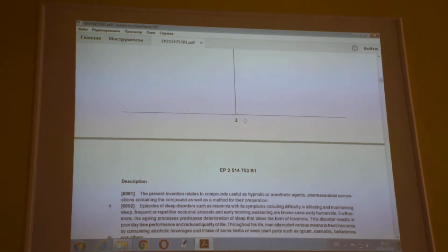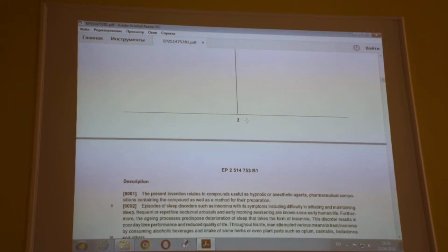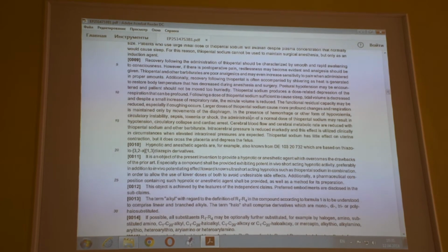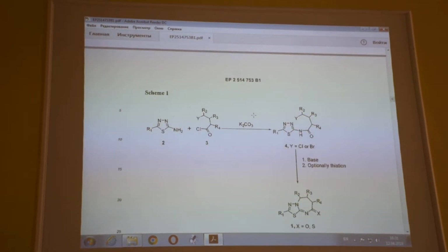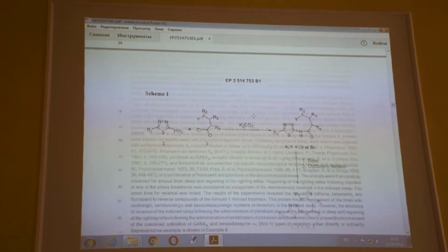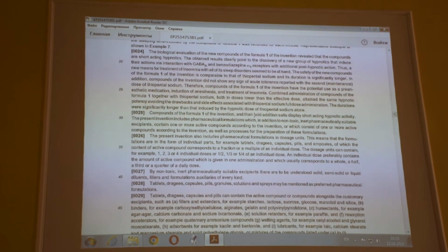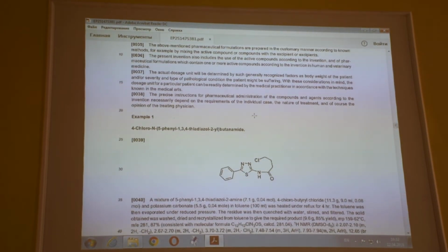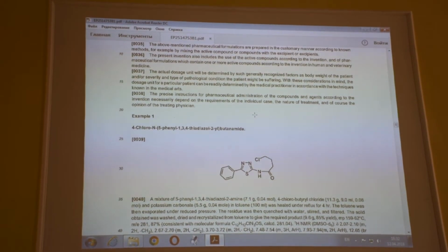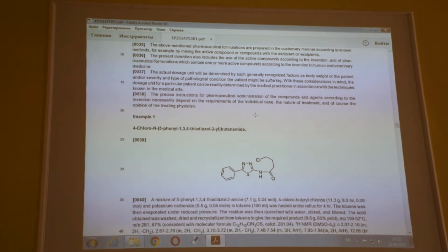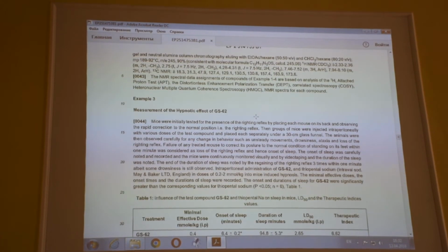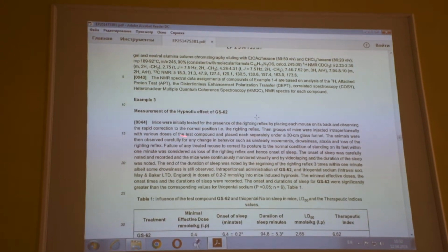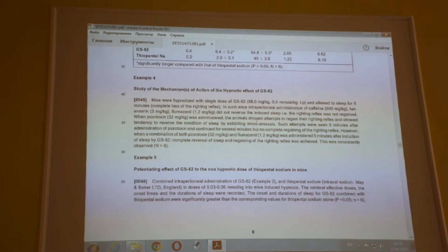It's the same thing, but with legal phrases. Introduction will be also underneath that. Schemes, figures. Experimental will be there in the form of examples. Synthesis of one of those intermediates and further synthesis and biological activity with full data.